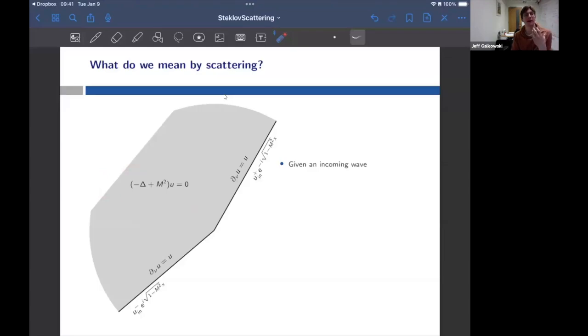And now I want to study scattering for the Dirichlet-Neumann map, right? So I'm thinking about the function on the boundary. And I imagine doing an experiment where I send in a wave from infinity, one from the right, one from the left.